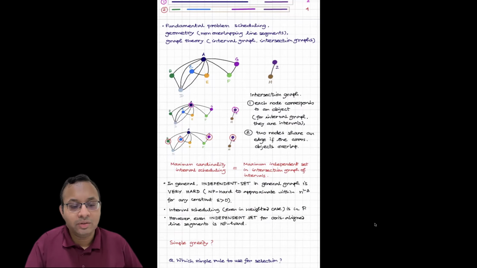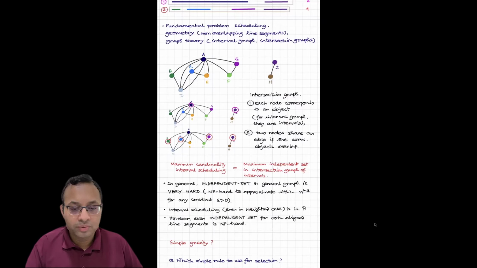It is known that it's actually NP-hard to even find a better approximation like n to the power 0.99. So if we prove an n to the power 0.99 approximation for the general graphs independent set problem, we'll prove P equal to NP. The message is this is very hard in general graphs, but interval scheduling in this example, even in the weighted case, is quite simple. We'll see how to solve it in linear time.